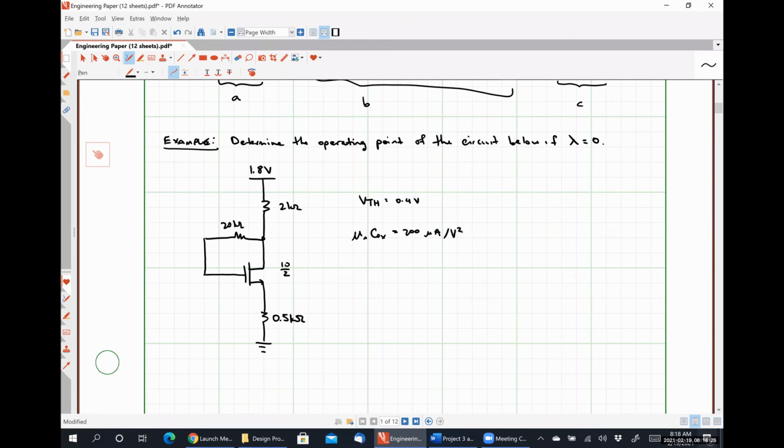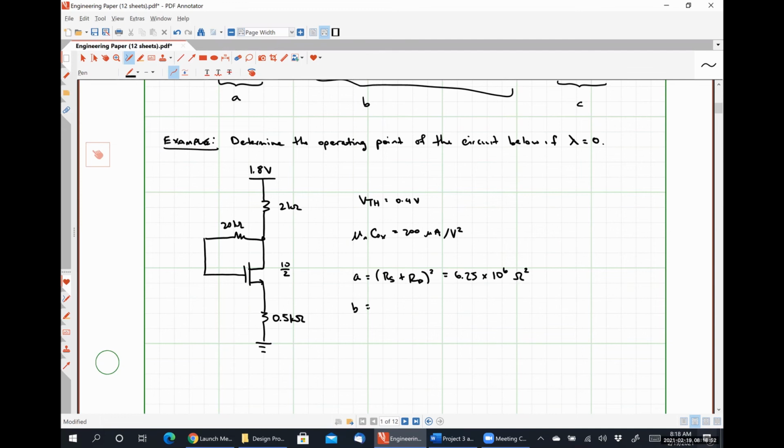So with this in mind, our quantity A for our quadratic equation, RS plus RD quantity squared, comes out to be 6.25 times 10 to the 6 ohms squared.